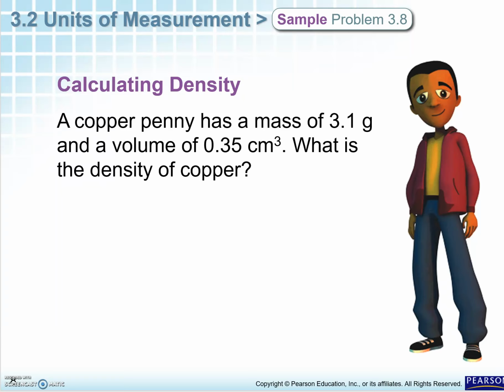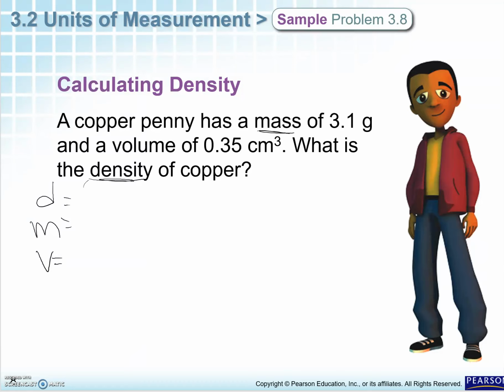Let's take a try at this example problem. A copper penny has a mass of 3.1 grams and a volume of 0.35 centimeters cubed. What's the density? So let's write down what we know. I like to write it out as follows: D, M, V. This is density, the M is for mass, and V is for volume.